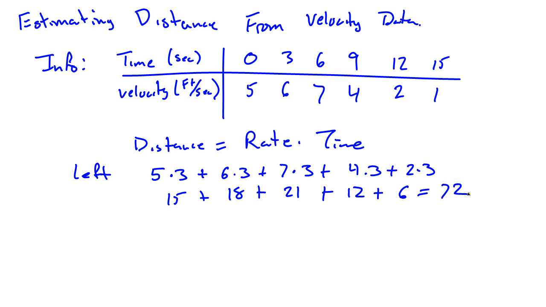Is that estimate too high or too low? I think it's kind of hard to say because the data is going from 5 to 6 to 7 to 4 to 2 to 1. So I think initially, for those first 3 seconds, I was underestimating and then underestimating and then probably overestimating and then overestimating and overestimating.